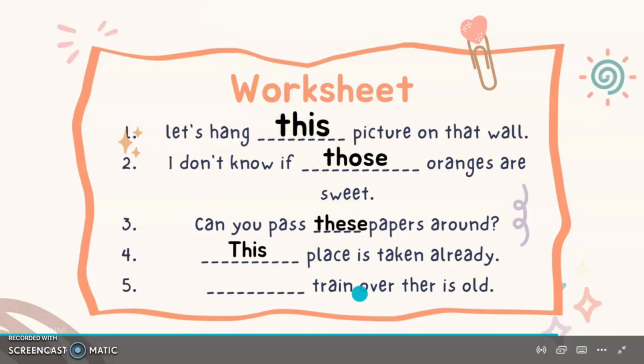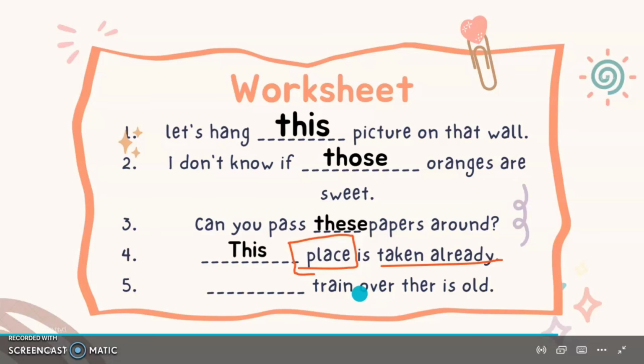Bakit hindi "that"? Ang ating object here is place. Ito yung parang pinakang noun natin. Ibig sabihin, singular siya and taken already. Ibig sabihin, malapit talaga yung speaker dun sa object natin, which is place.